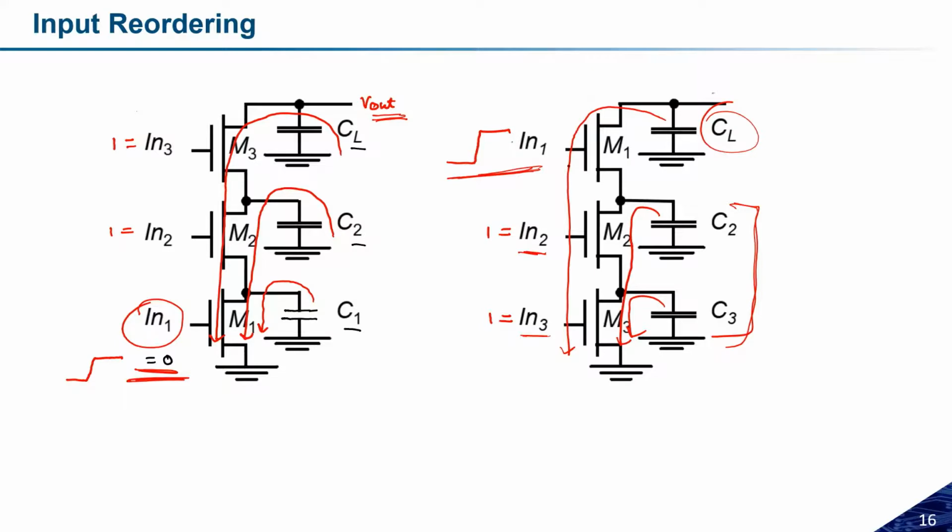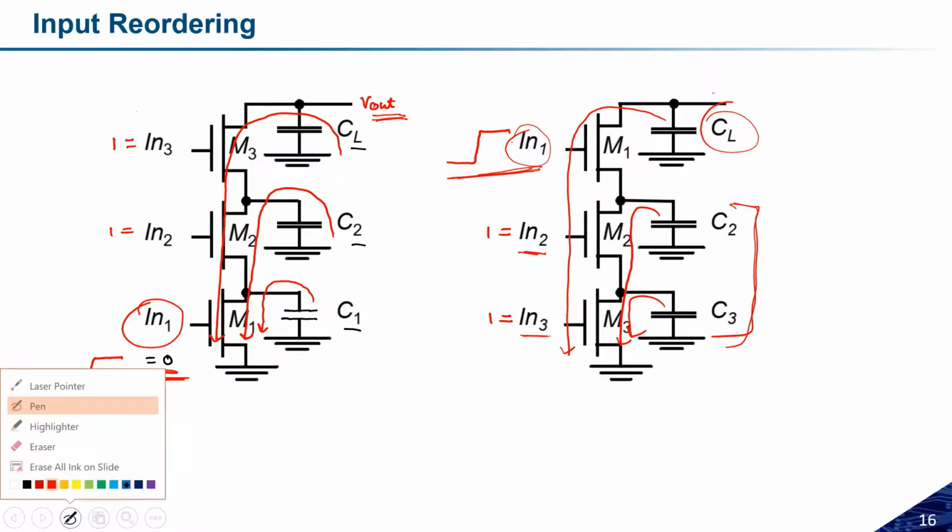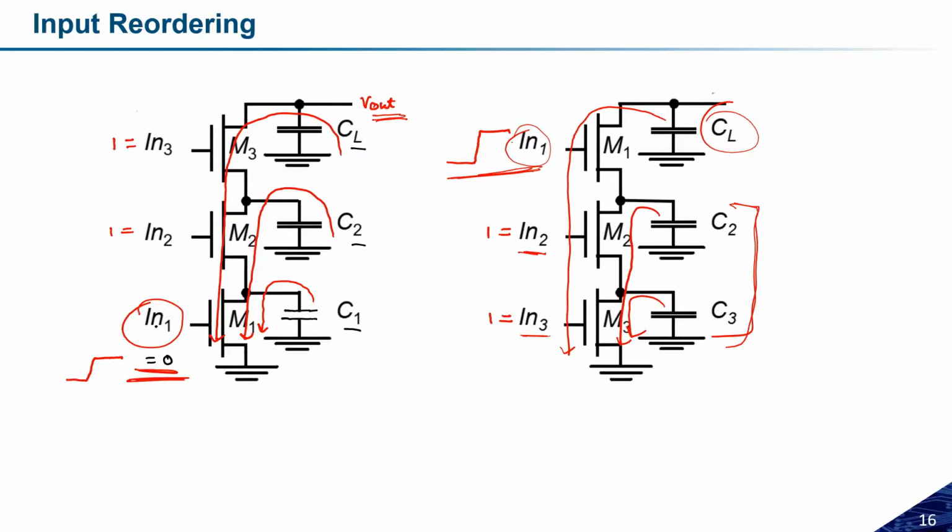Similarly in the second case also, this IN1 is the critical input. The path taken from the critical input to the actual output is the critical path. So C1, C2, C3, this is the critical path in this case. And in this case, I have only the critical path which is only M1.